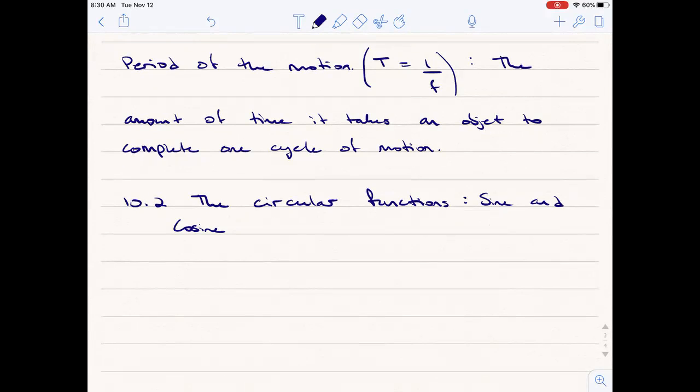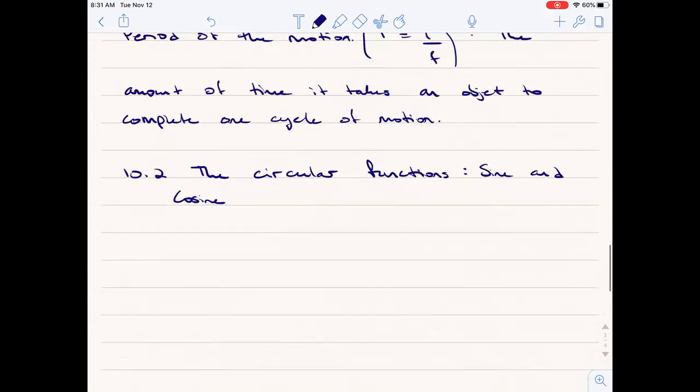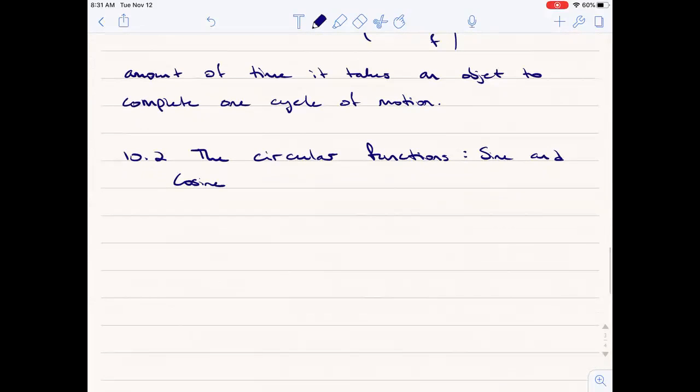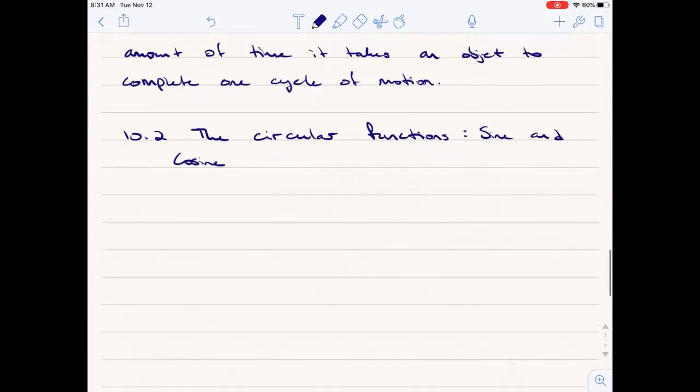But now we want to expand that because SOHCAHTOA really only applies to acute angles, right? Because we have to have a right angle in there. And so they all have to be less than 90 degrees, right? And so it's not very flexible. So basically we're just going to do the bigger version of SOHCAHTOA, because we want to be able to talk about wider angles than just 90 degrees.